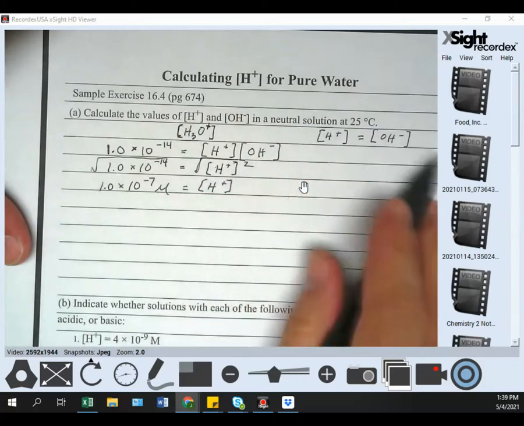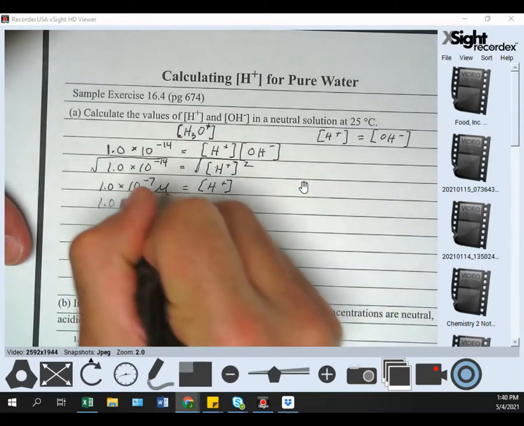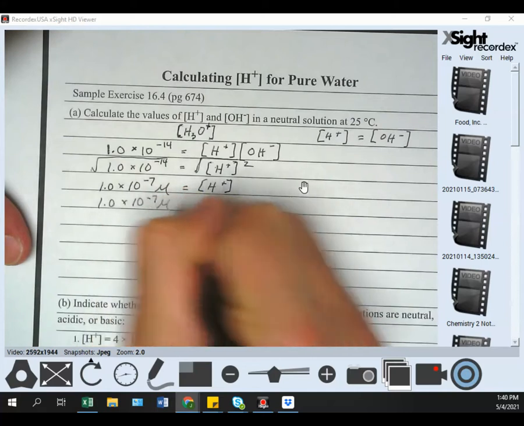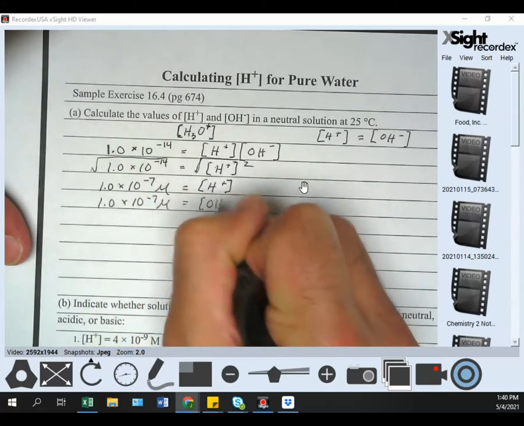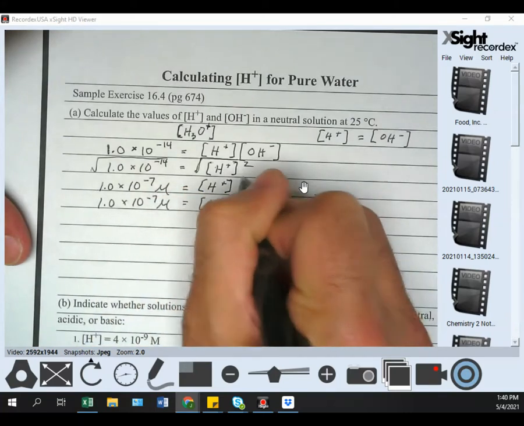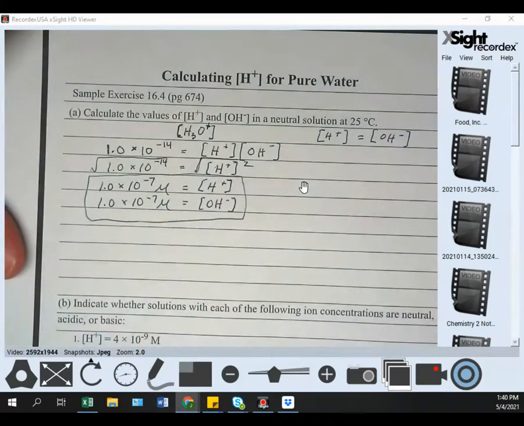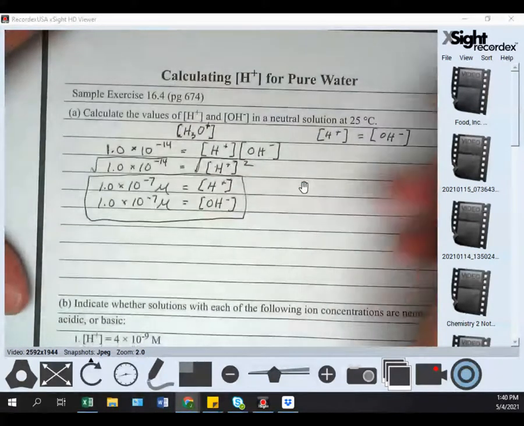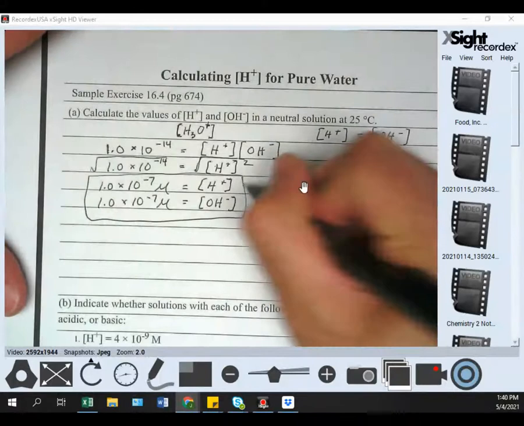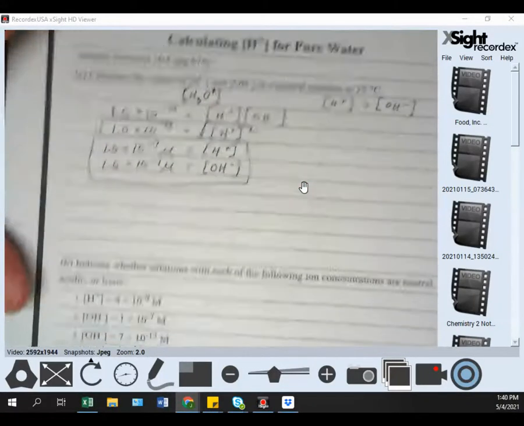And then hydroxide has to be the same, so 1.0 times 10 to the negative 7th molar is the OH minus. Okay, so that's what I just talked through before on the notes. I don't know why I had it on there twice, but it is what it is. All right, let's take a look at the second part.